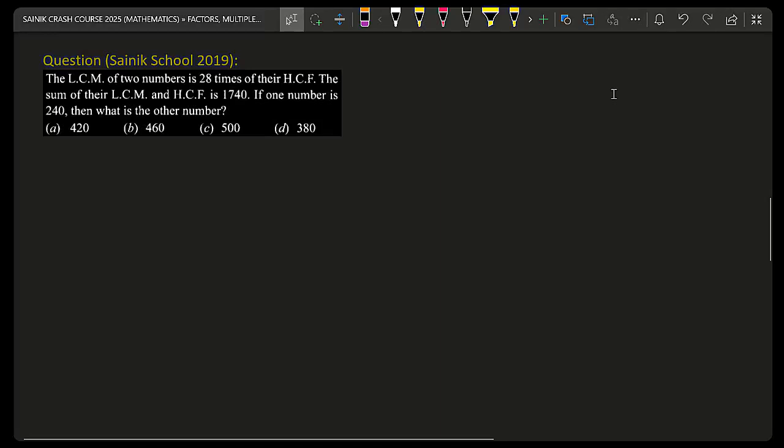The LCM of two numbers is 28 times their HCF. So let us call the LCM as L and the HCF as H. Mayuk, you want to explain? Yes, sir. Yeah, continue.